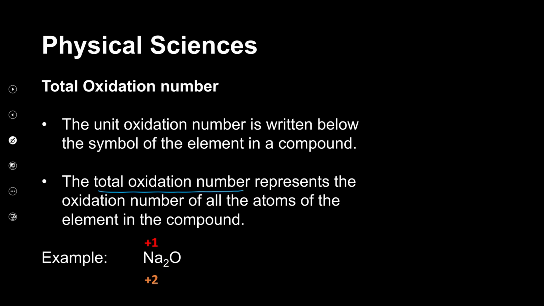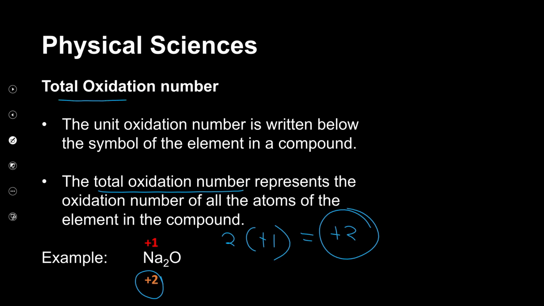Total oxidation number represents the total of an element in a compound. Why do we have this +2 as the total oxidation number? Because there is 2 times +1, which is the oxidation number, which gives us the +2. So this +2 is our total oxidation number for sodium in this compound, right?